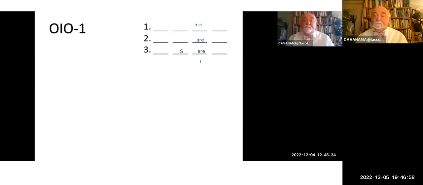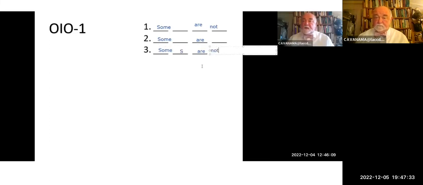Okay, now quantifiers. O would be some, but remember, this is not just a particular negative, so we need the word not. And the I quantifier is just some, but it's the affirmative. And then we have, once again, the negative, some, and the word not.